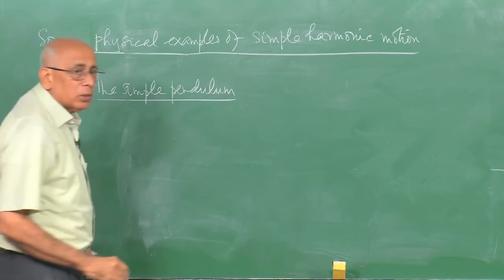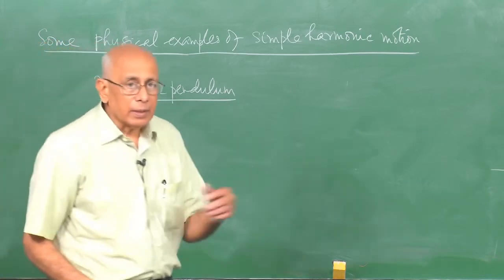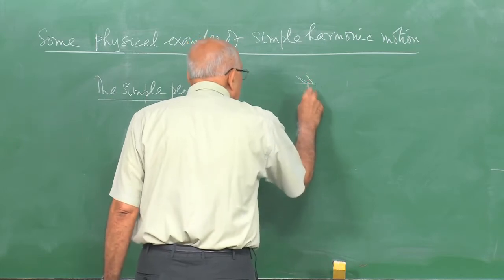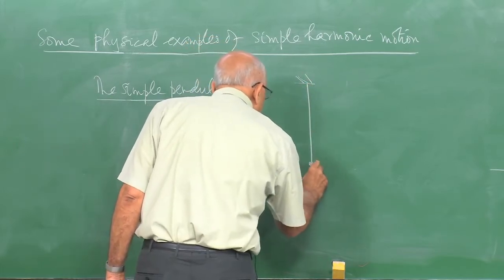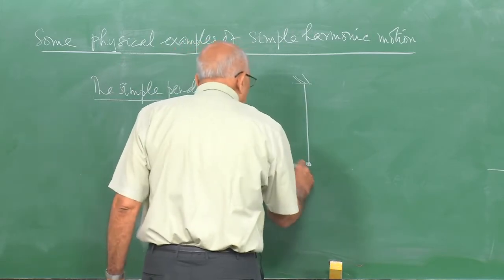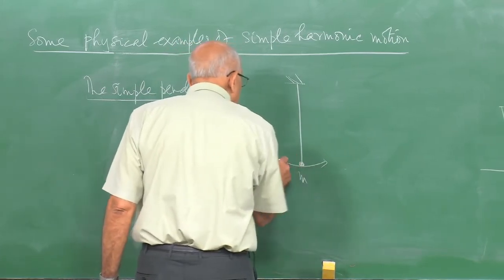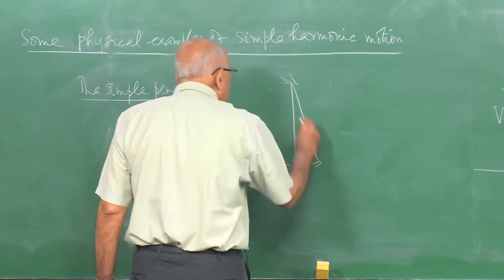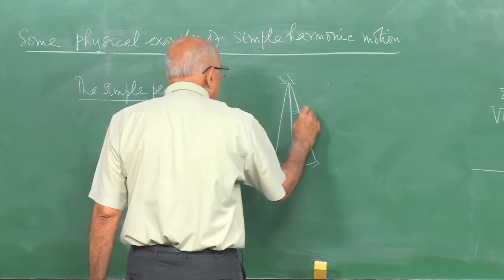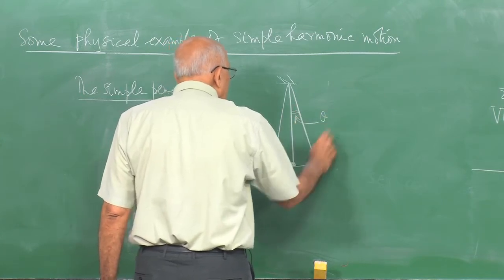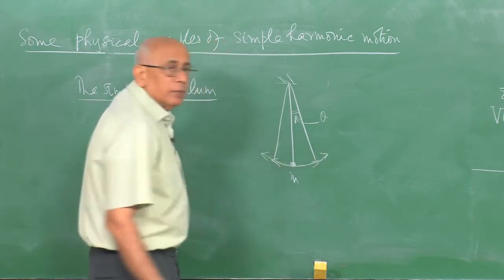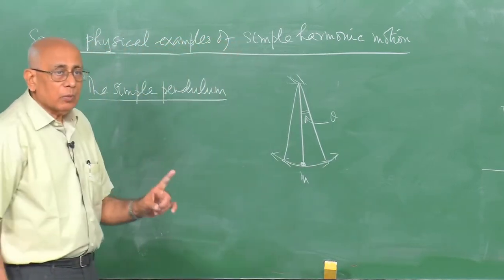In this case, the restoring force is actually provided by gravity, and what happens is that you have a point of suspension and you suspend a light massless rod with a heavy bob of mass m, and this undergoes oscillations, angular displacement up to some point, and the instantaneous angular displacement is some theta, say, and it goes up to this point and back in this fashion. Then the question is, is this simple harmonic motion or not?